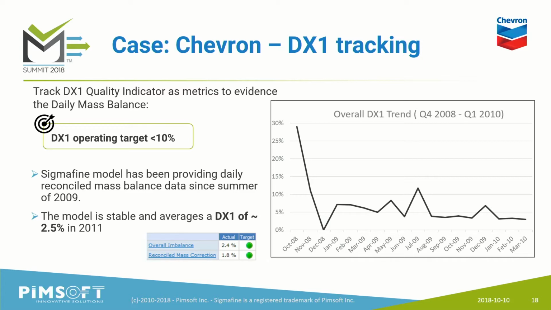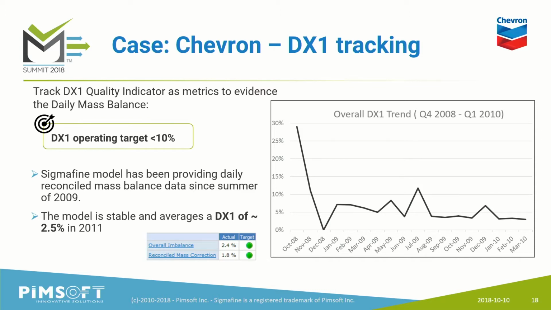As you see, they started in the first runs with quite a high value of the DX1, and with time, this is actually a 2 years plot, they could improve the quality of their data, and so they could improve the value of this DX1.